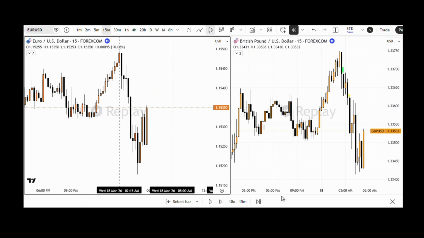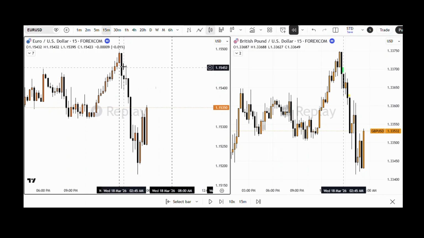So for gold, I always look at silver. For the Nasdaq, I always look at the S&P or ES, right? For Euro USD, you would look at pound USD, for example. You always want to have this either side by side or on different screens, and you want to make sure that they are moving together. If something's off, just ignore it.